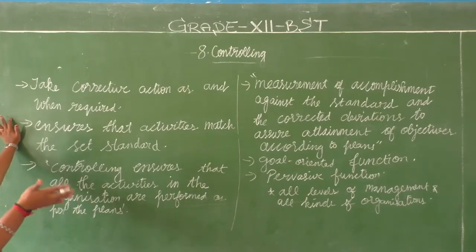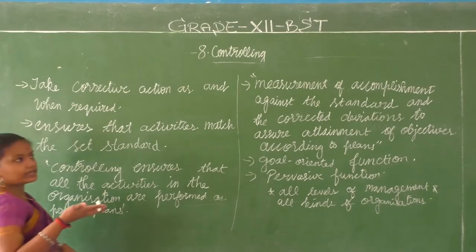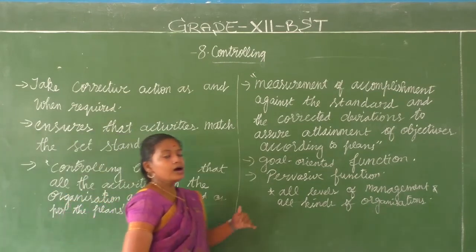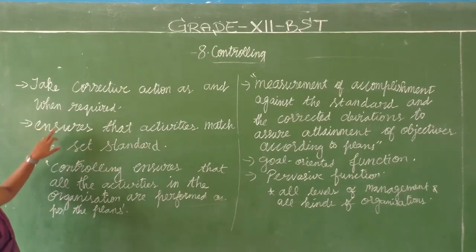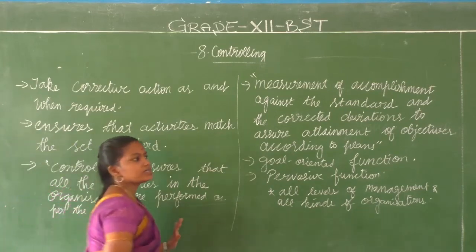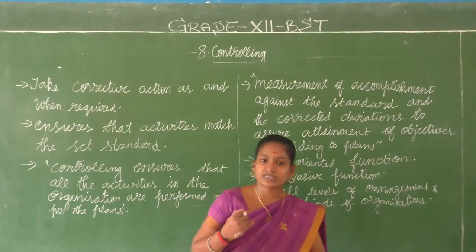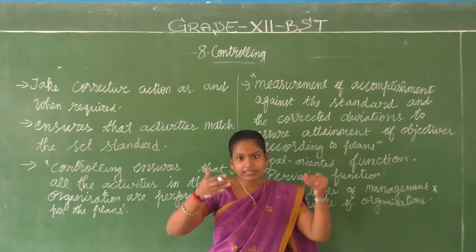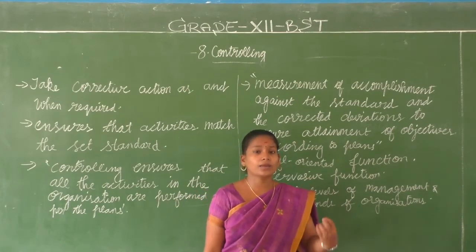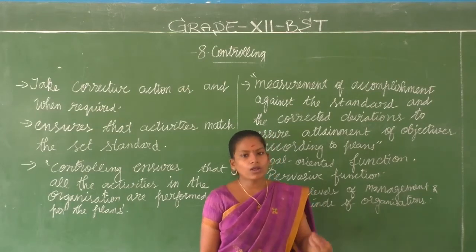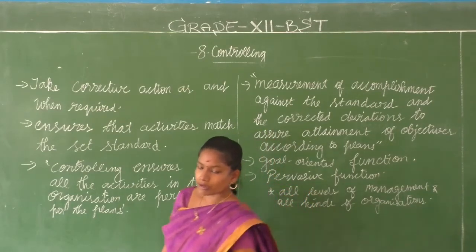If something is going wrong somewhere, the manager has to take corrective action. Why? To prevent damages. So that is called controlling. It ensures that the activities match the set standards. We ensure that we are going correctly with respect to the standards we set and attaining objectives, and that is what we call the controlling function. Okay?